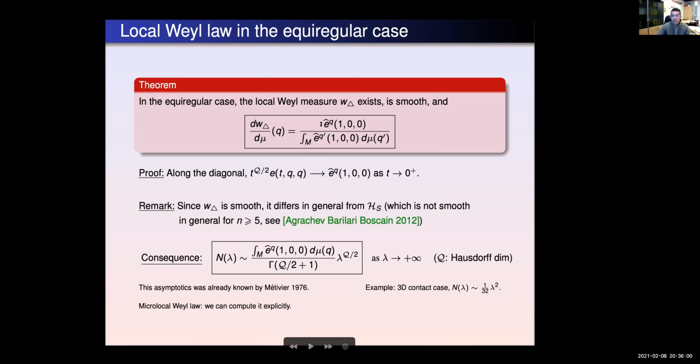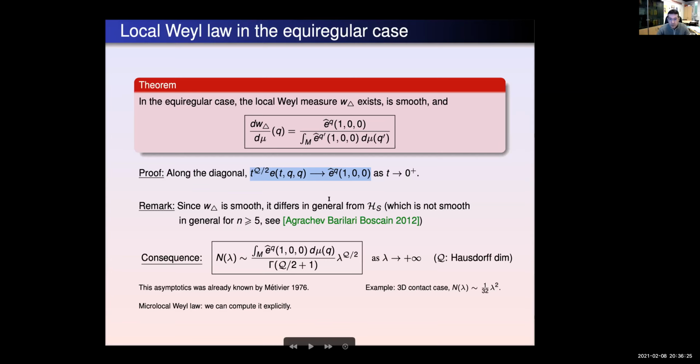This is not a surprise, and actually it is completely obvious, because from the fundamental lemma applied along the diagonal, which was already known much before, t to the power q divided by 2 of the heat kernel along the diagonal converges to E hat. So you obtain this result immediately.